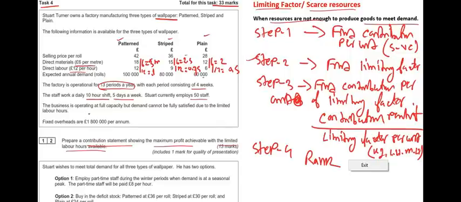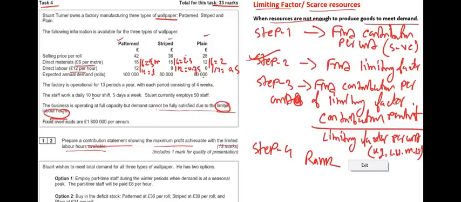The business is operating at full capacity, but demand cannot be fully satisfied due to the limited labor hours. This is our step number 2. Find the limiting factor. Our limiting factor is labor hour. Let's calculate how many labor hours there are.